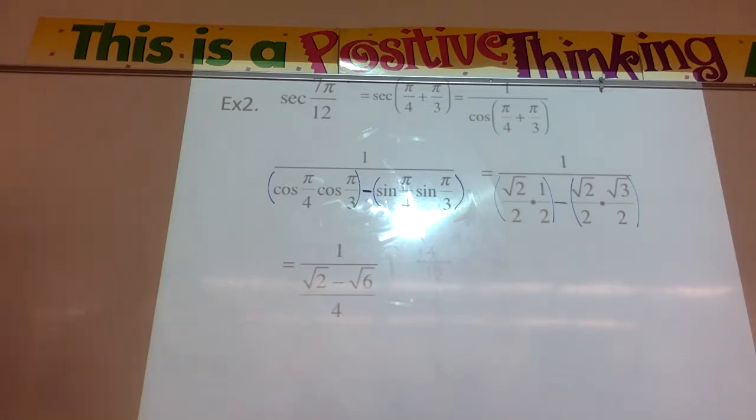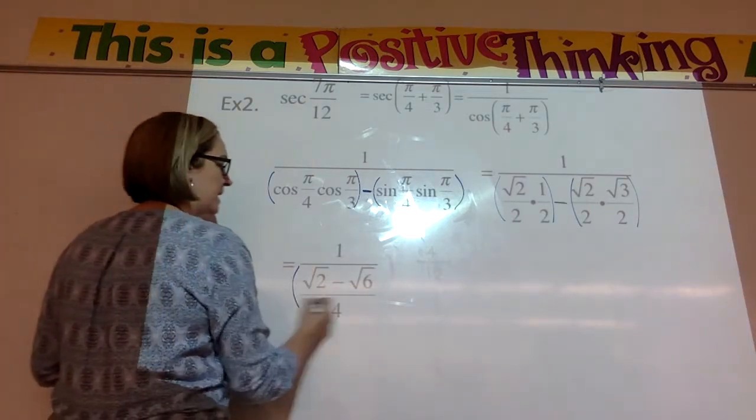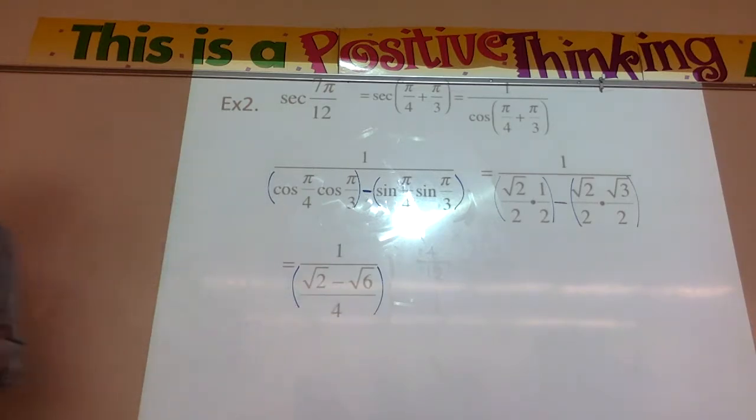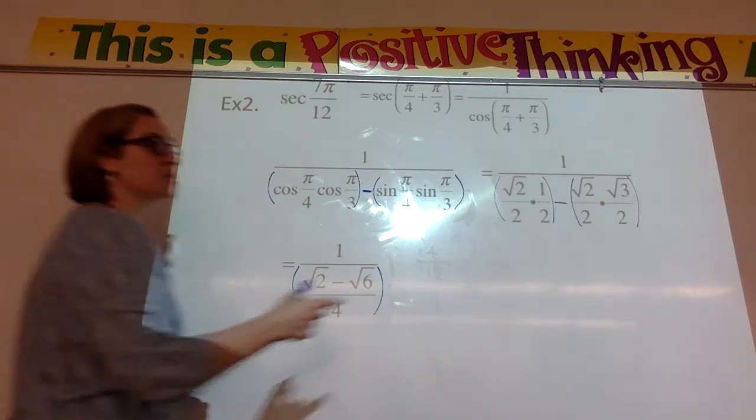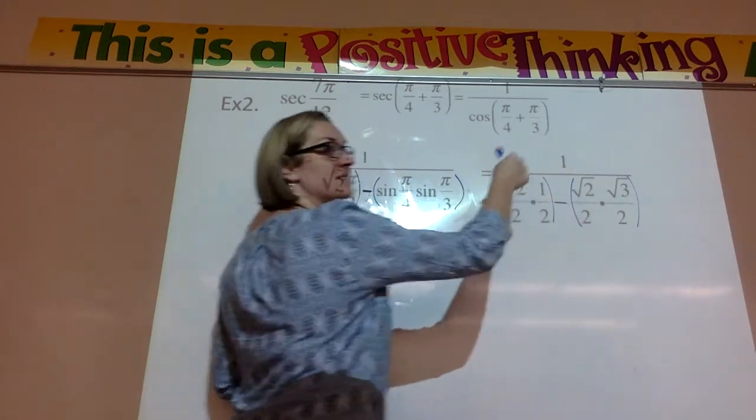Which then leads us to a simplified answer that looks like this. Please be careful. Sometimes you get so into the numbers, you forget that you actually have this complex fraction within a denominator.